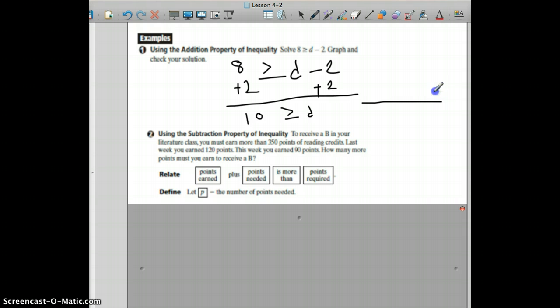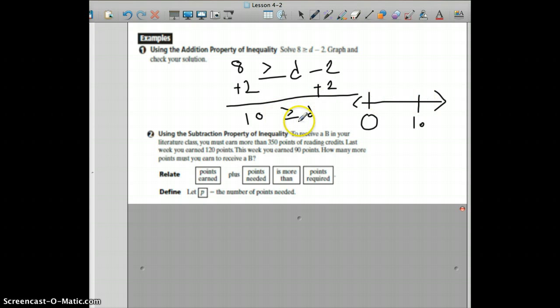If we graph our inequality here, I want to find 10 on my number line. All right, there's 10. Here's 0. Do I want to fill it in or do I want an open circle?